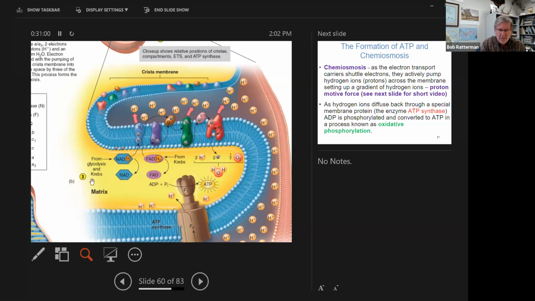Why do I bring that up? Because if I want to know how much ATP a cell makes aerobically, I need to know the total number of NADHs and FADH2s made, and I need to know what yield comes from each of those to come up with a final number. You following me?